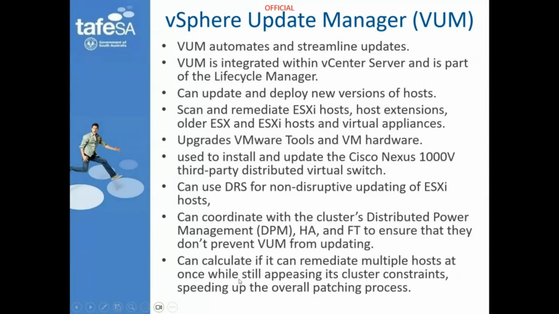VUM can use DRS. If you remember, that's Distributed Resource Scheduler. That's where it automatically balances resource utilization between the hosts for non-disruptive updating of ESXi hosts. What does that mean? Basically, if I had to turn off the virtual machines in order to update the ESXi host, that's a disruption, isn't it? So what it's saying is it can use DRS to say that this ESXi host is going to go offline.